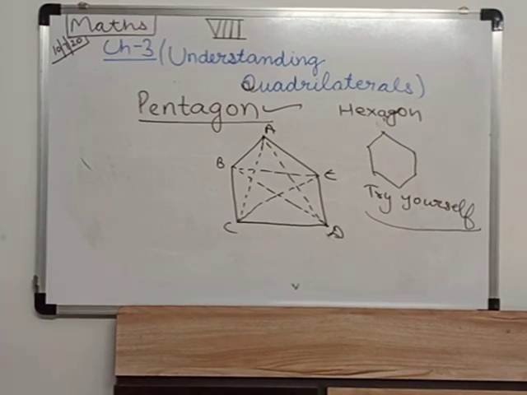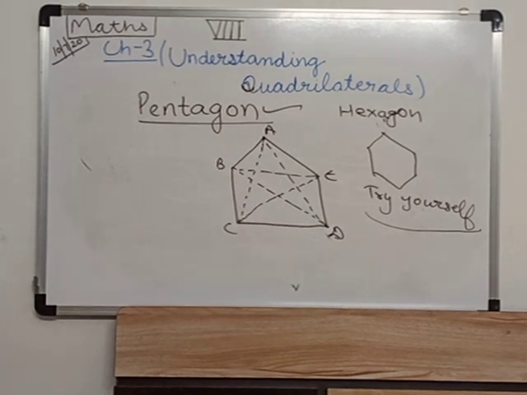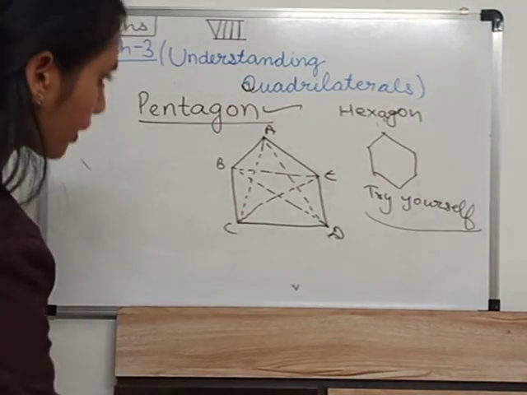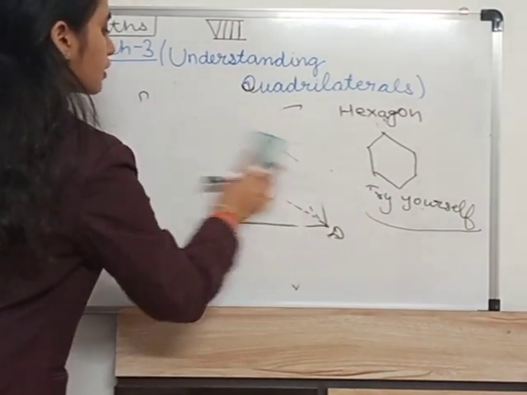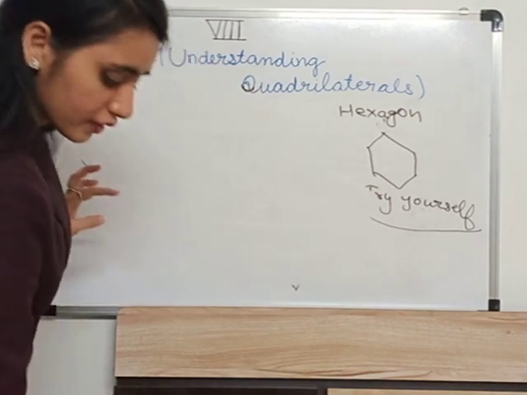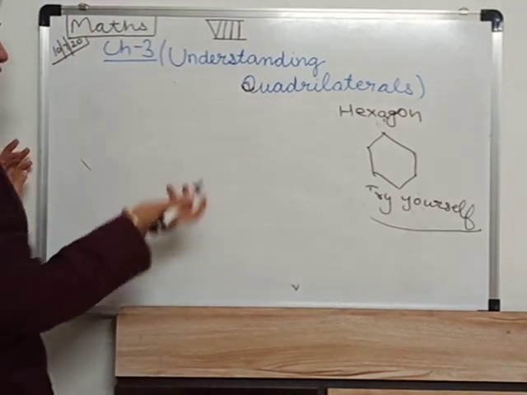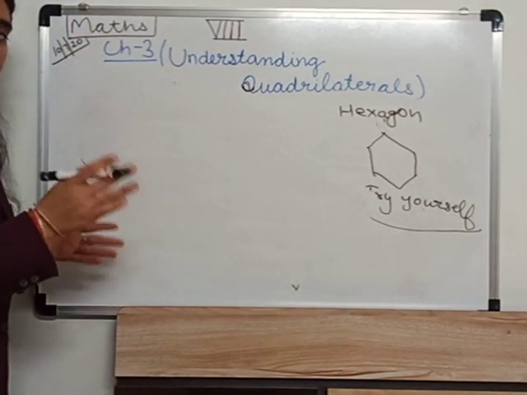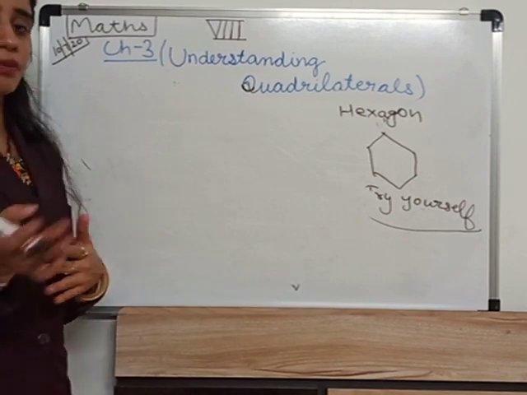Now next question we take about regular or irregular polygons. Regular or irregular means a polygon having equal sides. If a polygon has equal sides, then we can say this is a regular polygon.